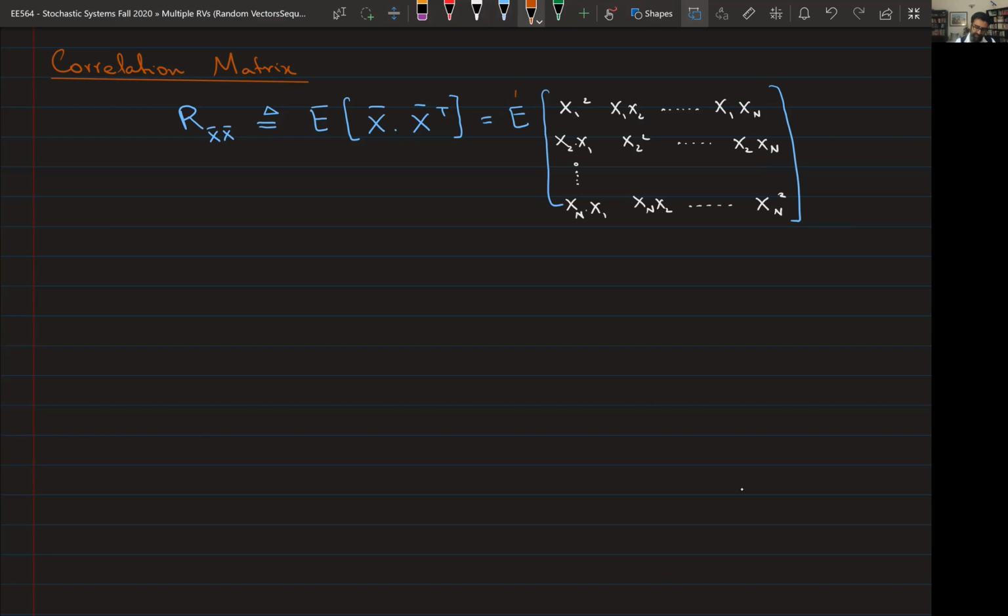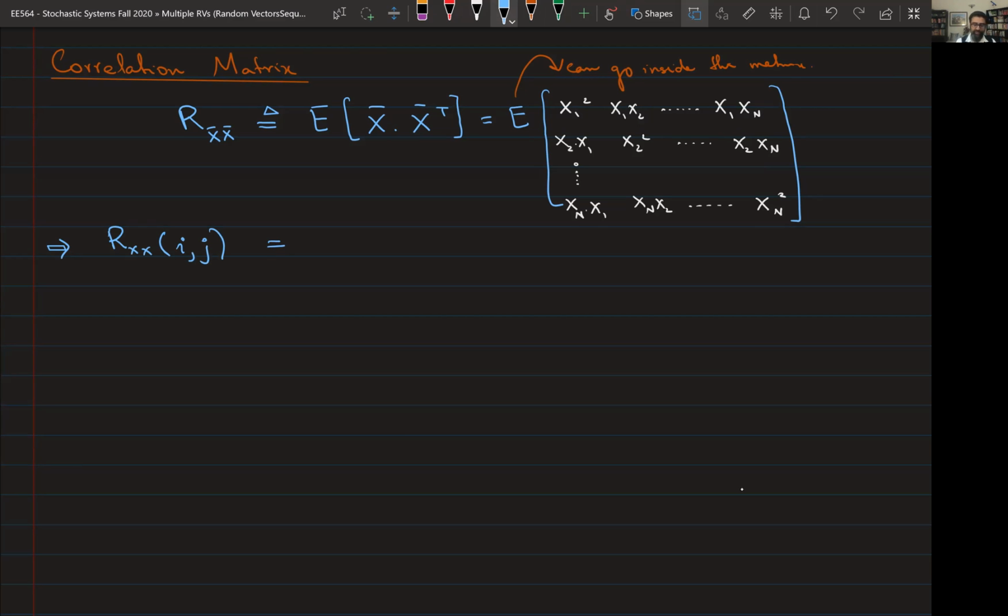And okay, this can go inside, such that R_xx, i j, what does this turn out to be equal to?